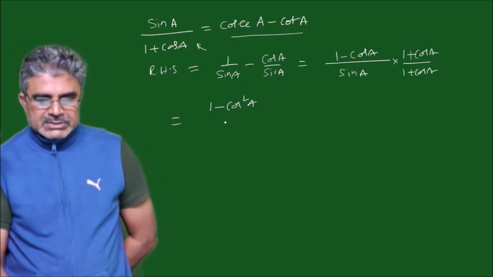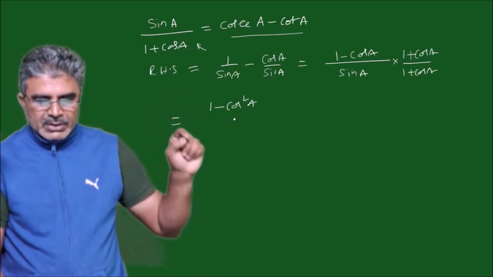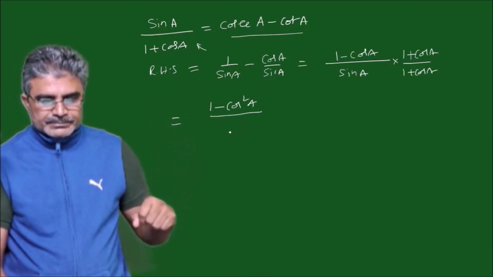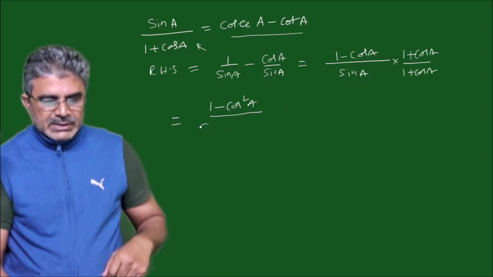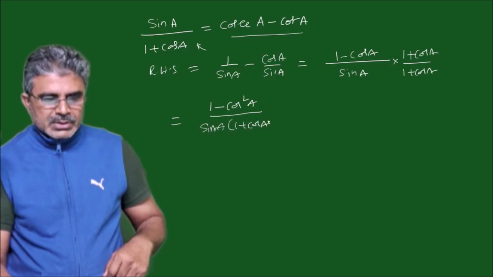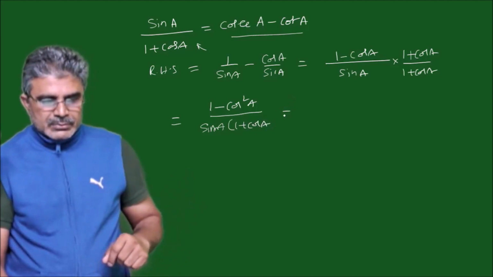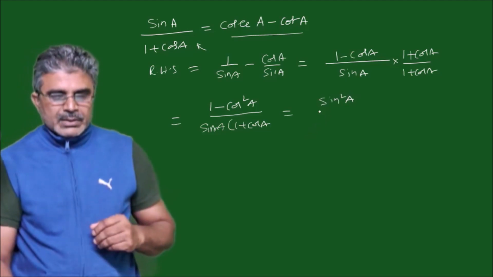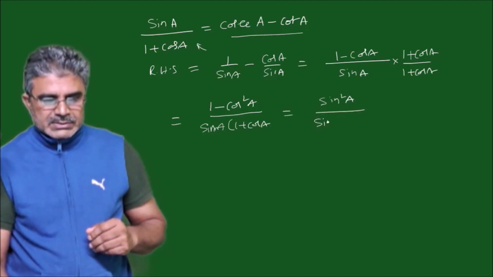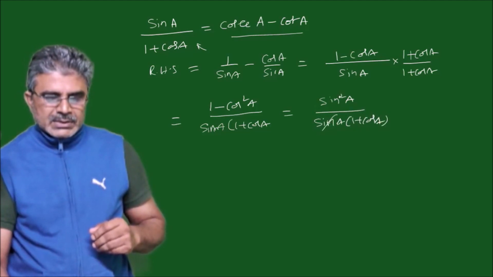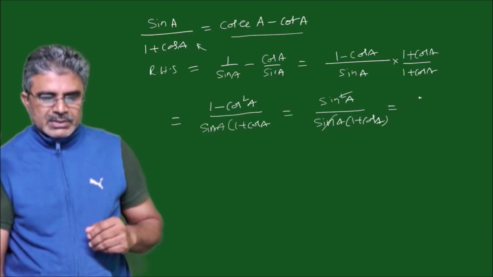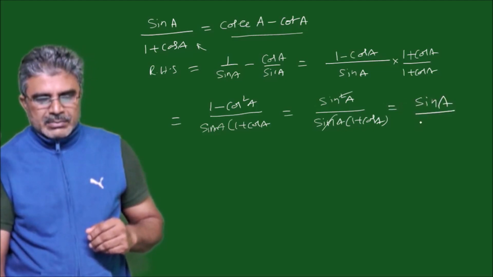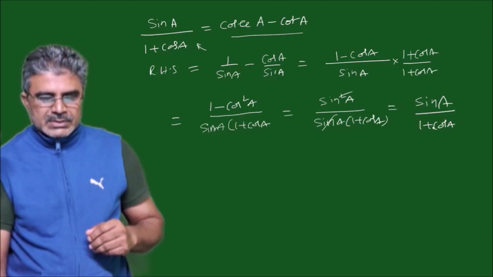So on top you have 1 minus cos square A divided by, this is sin A into 1 plus cos A. And we have 1 minus cos square A can be written as sin square A using the identity, and divided by sin A and 1 plus cos A. Sin A and 1 sin A get cancelled, so the remaining thing is sin A by 1 plus cos A. This is easy.